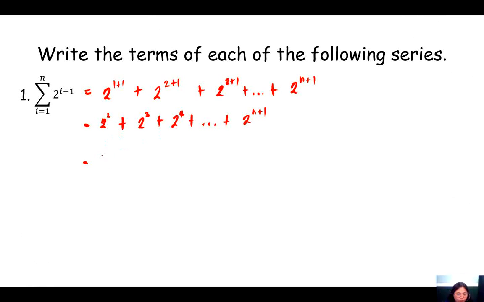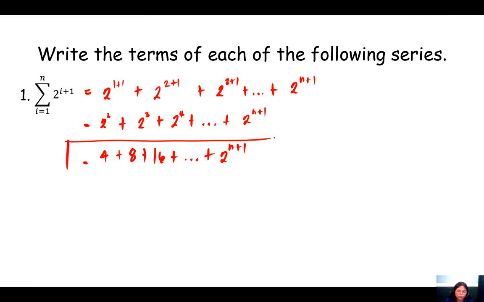So 2 raised to 2 is 4, and what is 2 raised to 3? 2 raised to 3 is 8, plus 2 raised to 4 is 16, plus ellipsis plus 2 raised to n plus 1. So this is the expanded form of this summation.